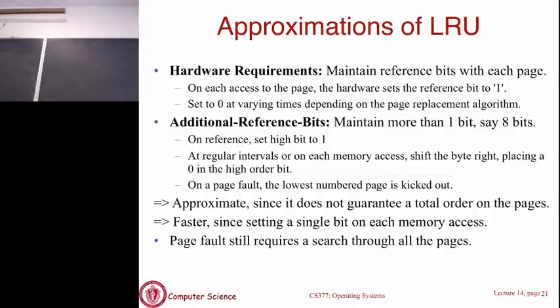So we're not going to keep an exact ordering of when every page was used. We're just going to partition them into groups, with the most recently used pages sitting with this timestamp. Of those, obviously, some will have been accessed more recently than others, but we're saying we don't need to be exact. We just want a good approximation, so we can use a few bits to get an approximate timestamp.